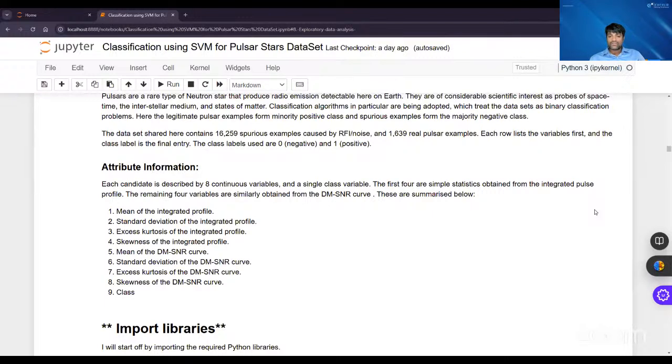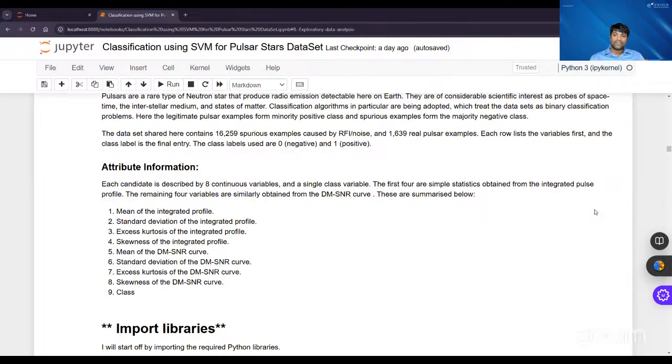Based on that, or certain particular aspects, we should classify that particular star from which we are receiving the signals or the radio emission, which comes under pulsars. We have to classify whether that particular star is a dangerous one or not dangerous for us, whether it is a positive case or a negative case.